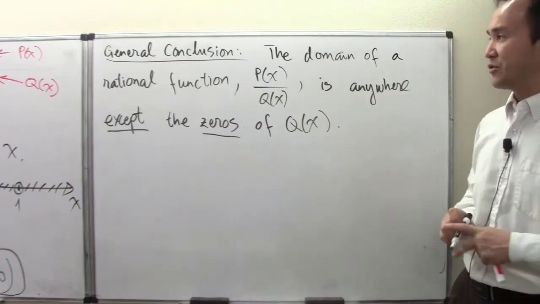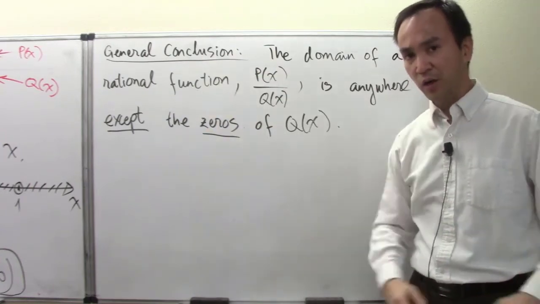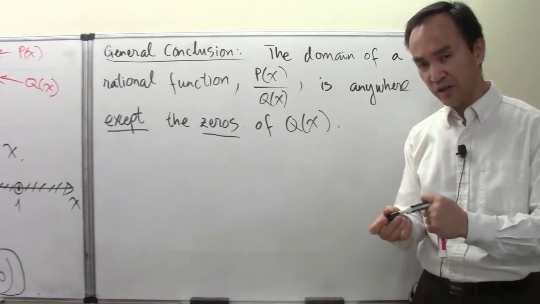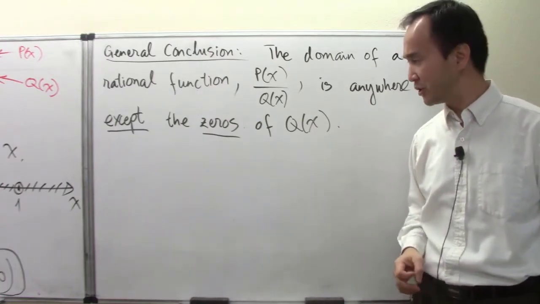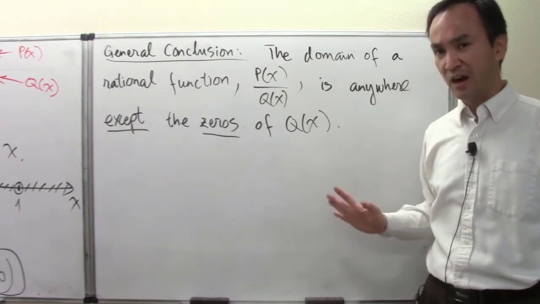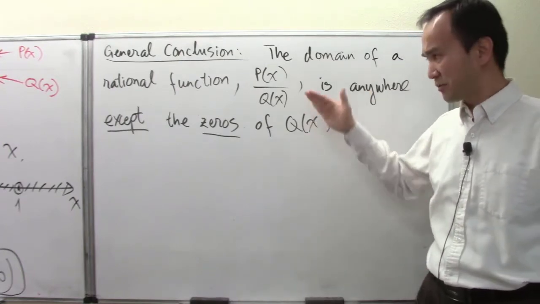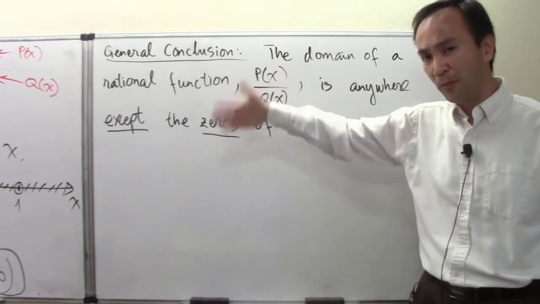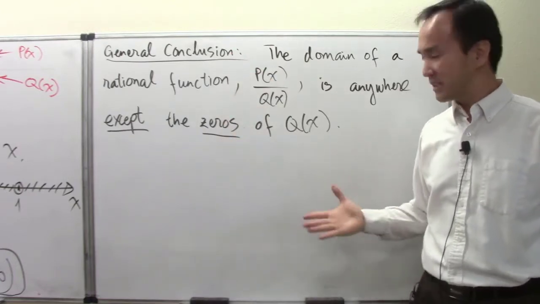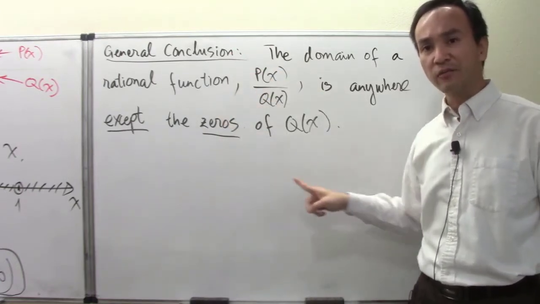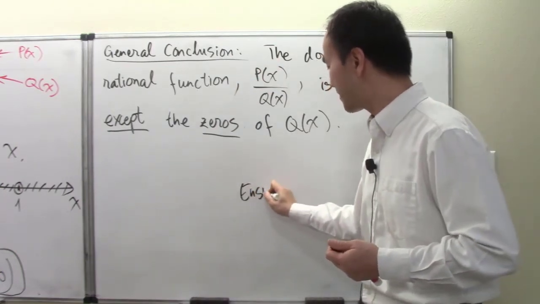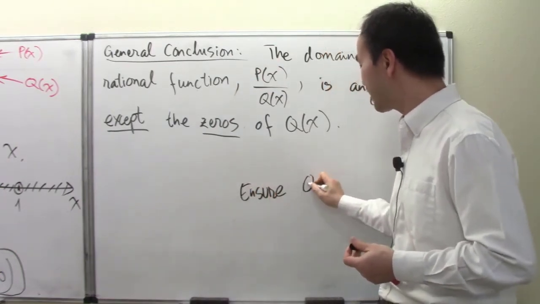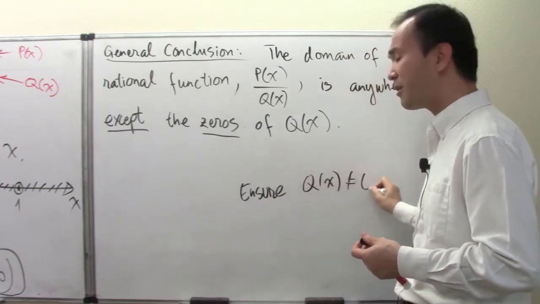Now with this final general conclusion that we drew out from doing the two demonstration examples, we are ready to use this. It is a formal general conclusion, but it still circulates around that major understanding: we just want to ensure q of x is non-zero.